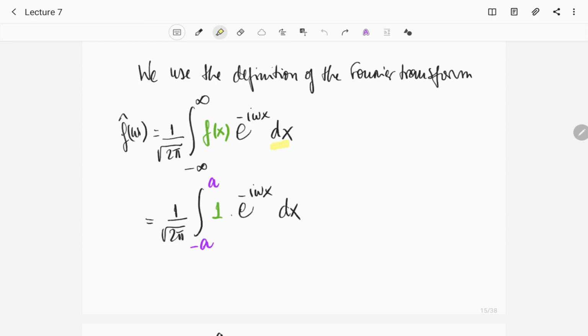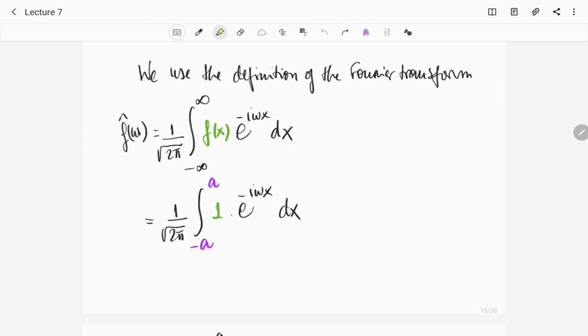And we integrate in x, and when we integrate in x, this becomes independent of the variable x, and we only have the variable omega, and that's why our Fourier transform only depends on omega.